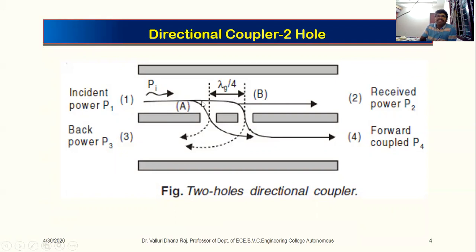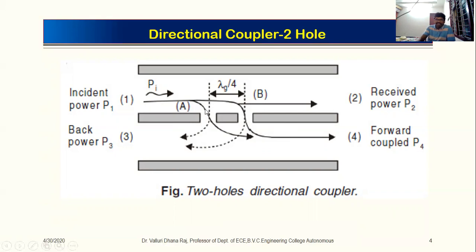Part of the wave is coupled to the secondary waveguide through hole A, and this is the second hole B. The energy is coupled to the secondary waveguide.